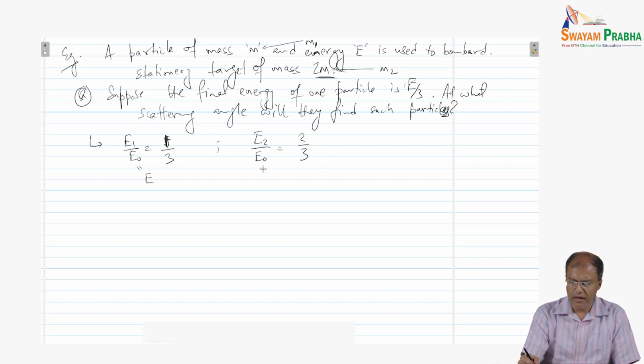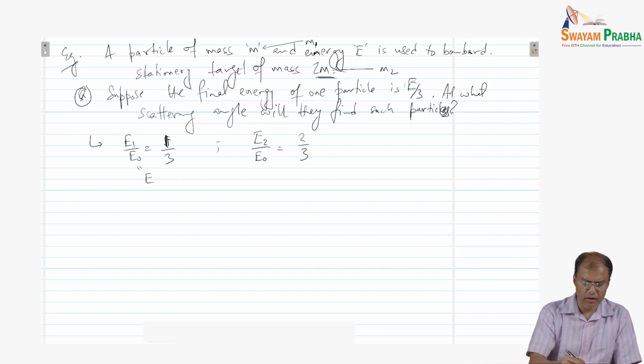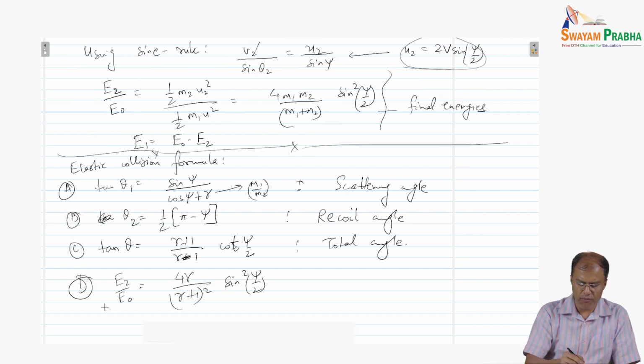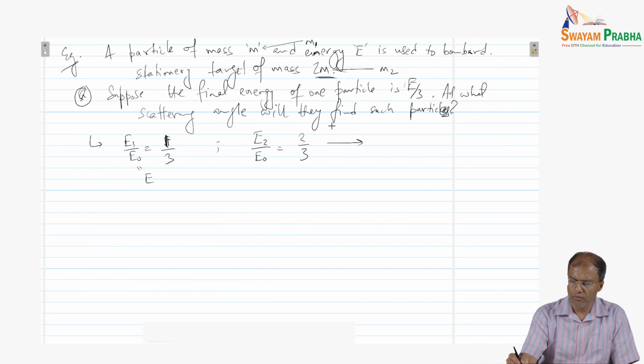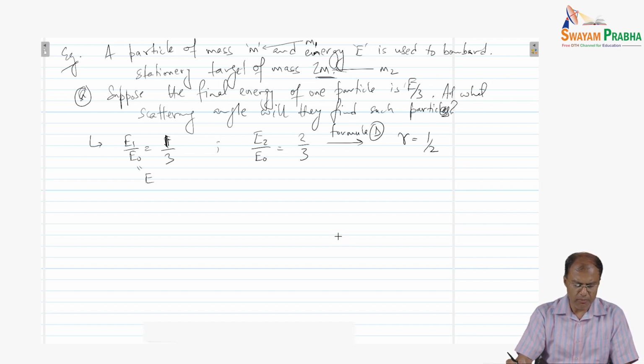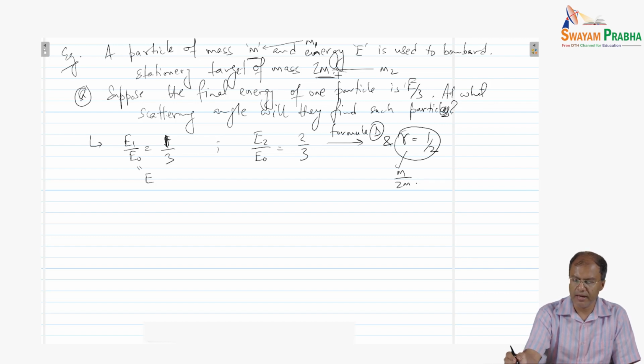And if we use this formula, formula D, we can find that gamma comes out to be half. Well, no, gamma is already half. Gamma is given to be half. Why? Because the masses are m and 2m.